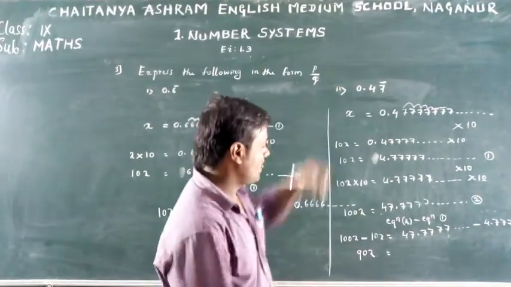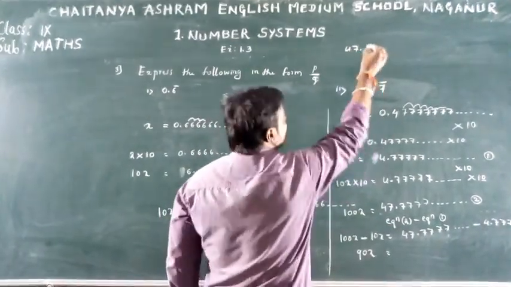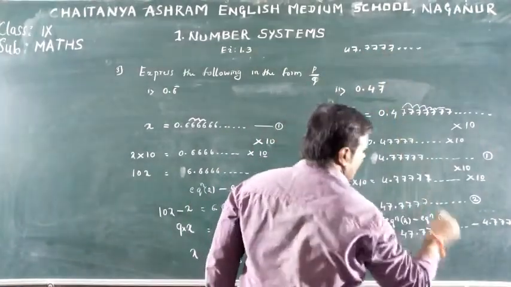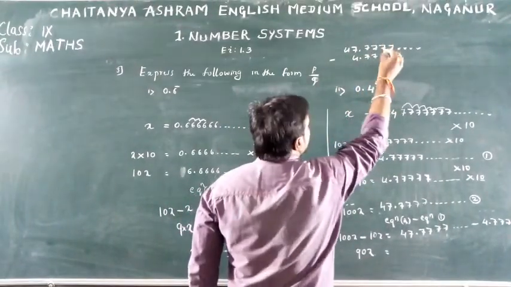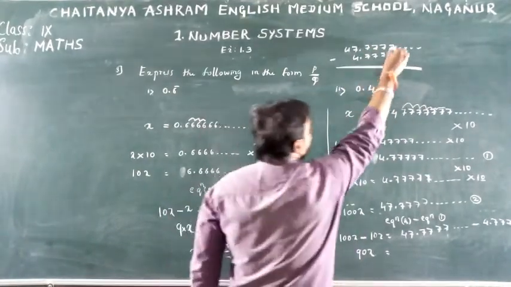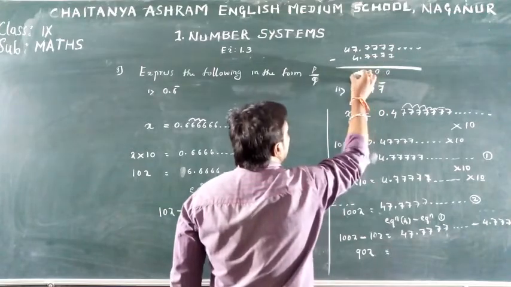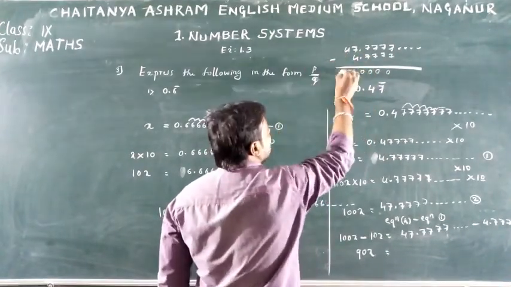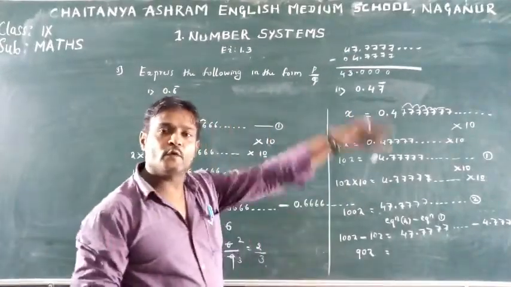See, I will do 47.7777, and so on, minus 4.7777, and so on. The final difference is 43.0000, like that.